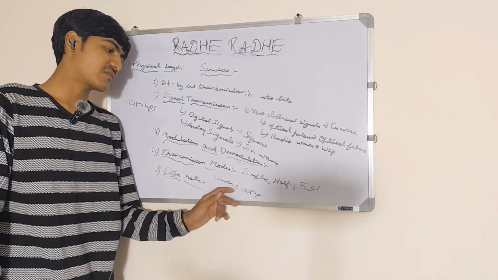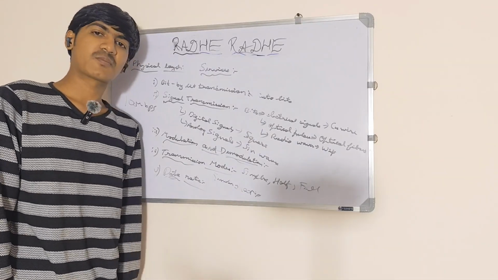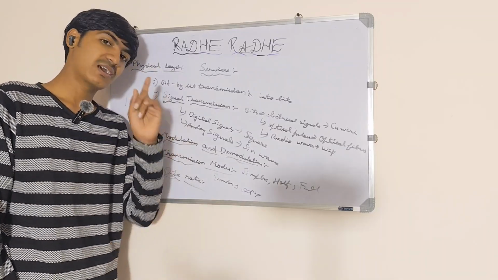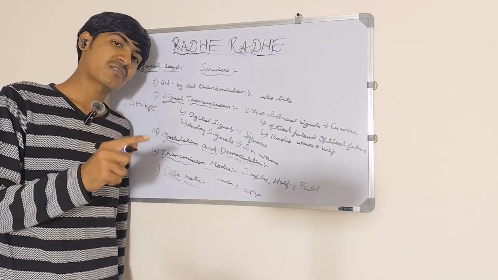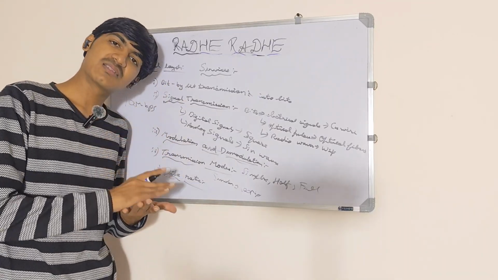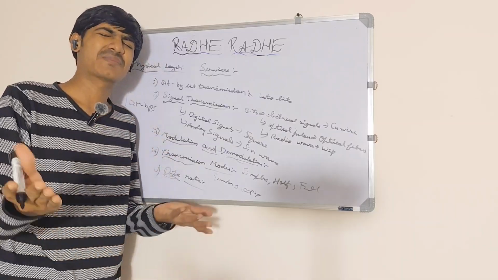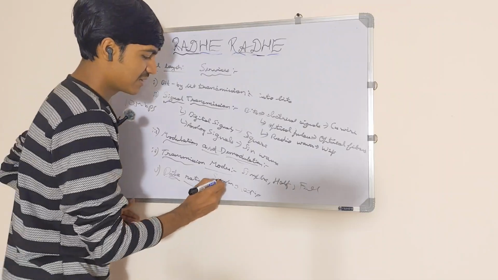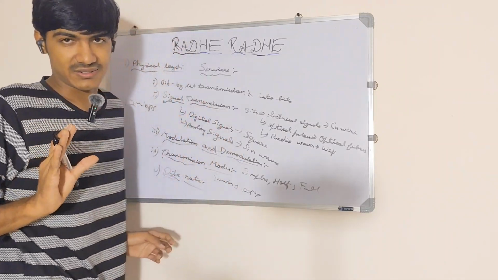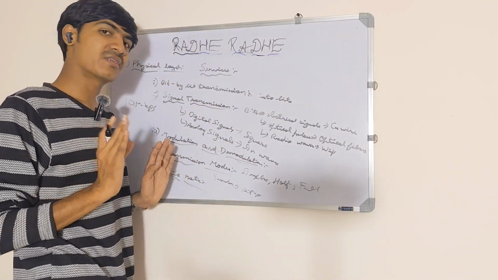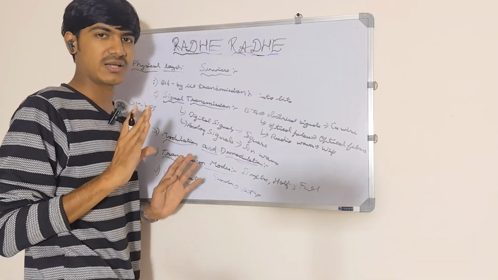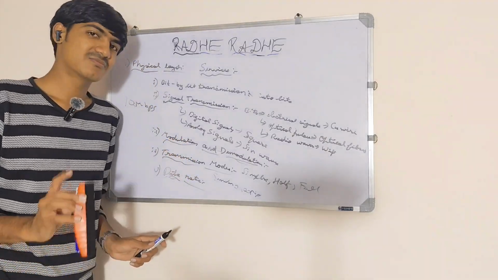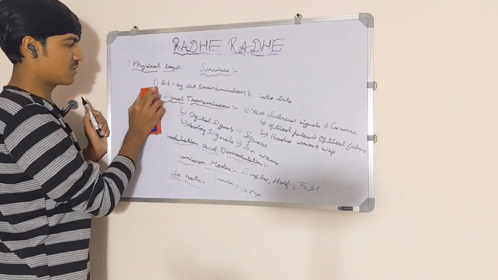Suppose the sender is sending at 100 Mbps. If the receiver supports only 10 Mbps, the data gets lost. So physical layer makes sure the clock is synchronized so that data is sent very slowly. NIC does that. It controls the data rate, which benefits both sender and receiver so that no data is lost in between. Understood?